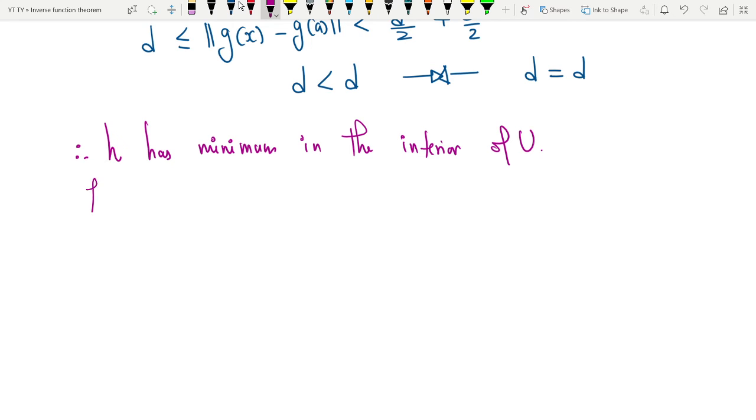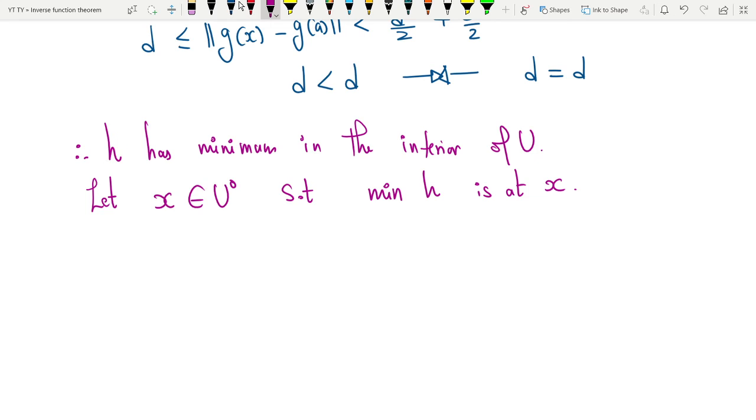So let there exist x in the interior of u such that the minimum of h is at this x. That means my h attains its optimal value at x.